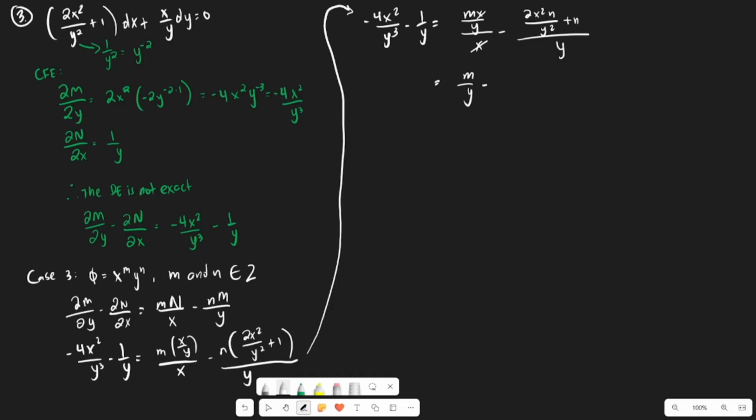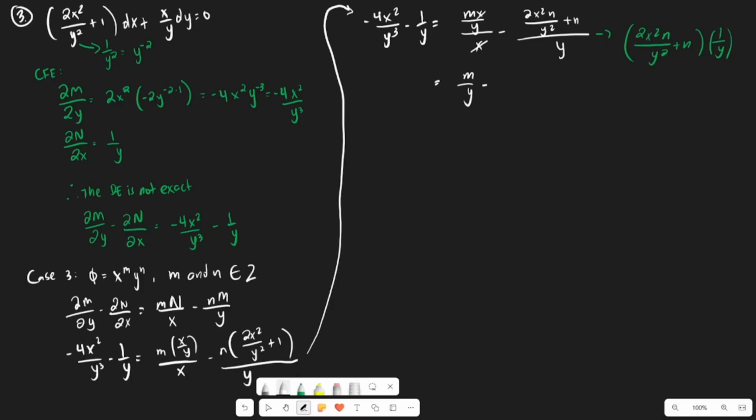You can actually rewrite this part as 2x squared n over y squared plus n, times 1 over y, since when we divide, we just get the reciprocal of it and we multiply it instead.